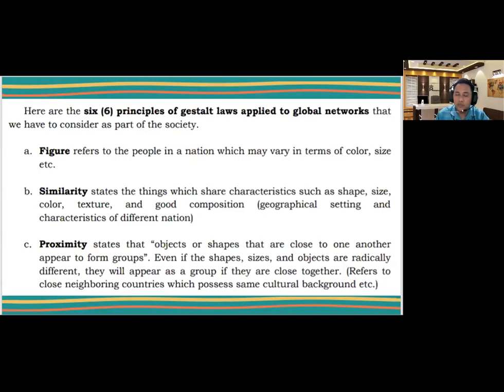And then we can form a group with them. So yun yung tinatawag natin another principle ng proximity. So hindi lang similarity kasi hindi nga sila magkakatulad or close to one another. So in a form of a group, proximity ang tawag.